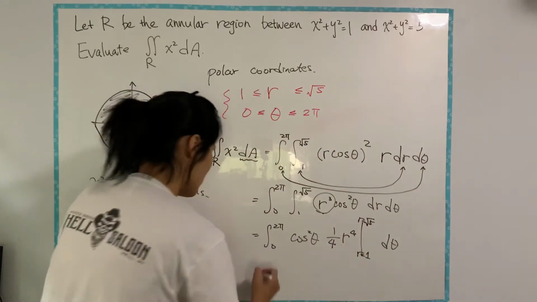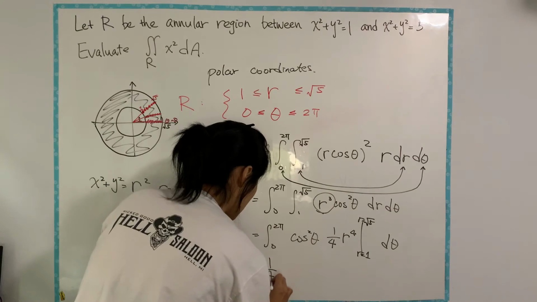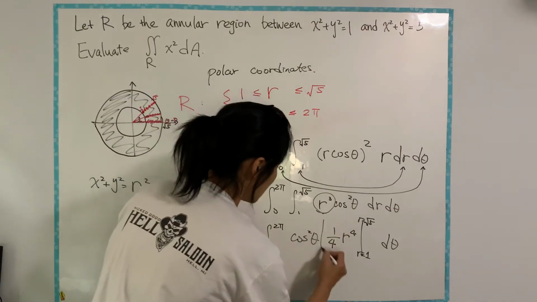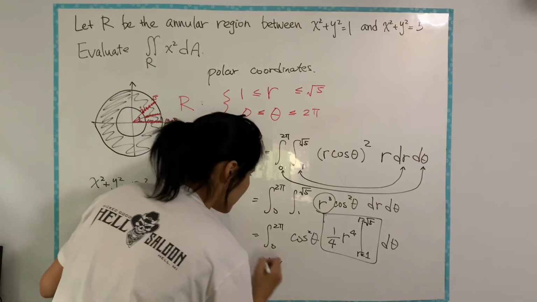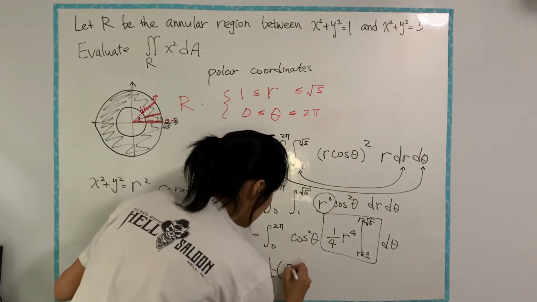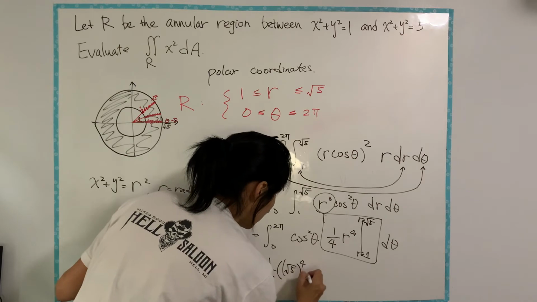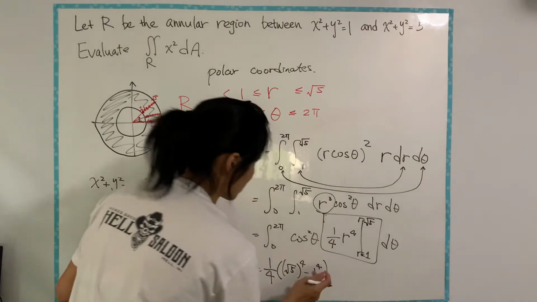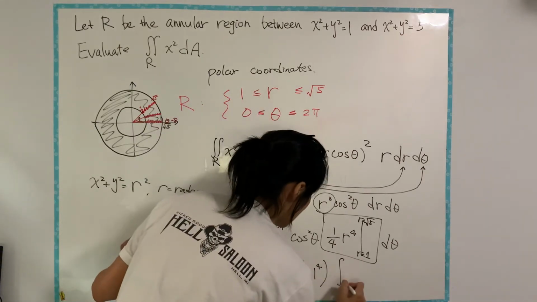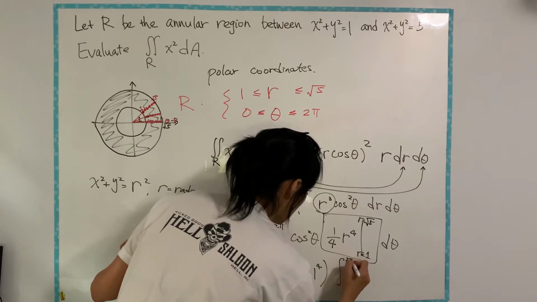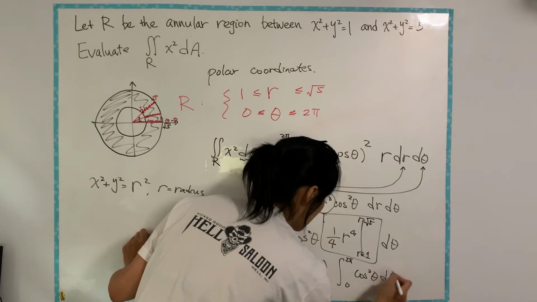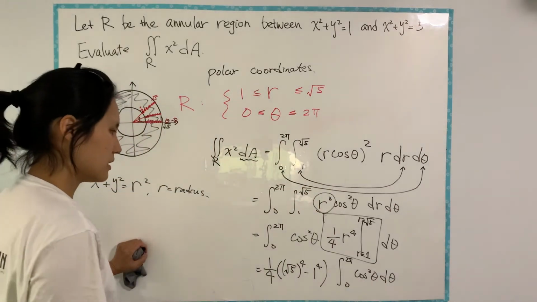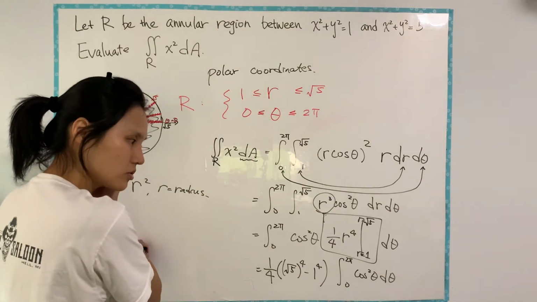Let me compute this on the side. So this is root 5 to the power 4 minus 1 to the power 4. So this becomes a constant, and I evaluate cosine squared theta, integrate cosine squared theta from 0 to 2 pi.